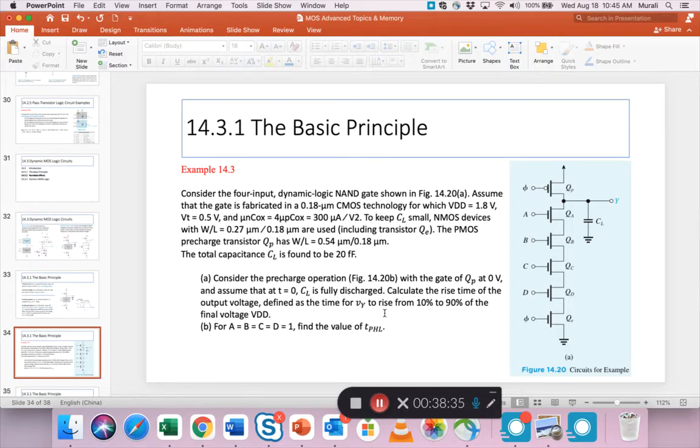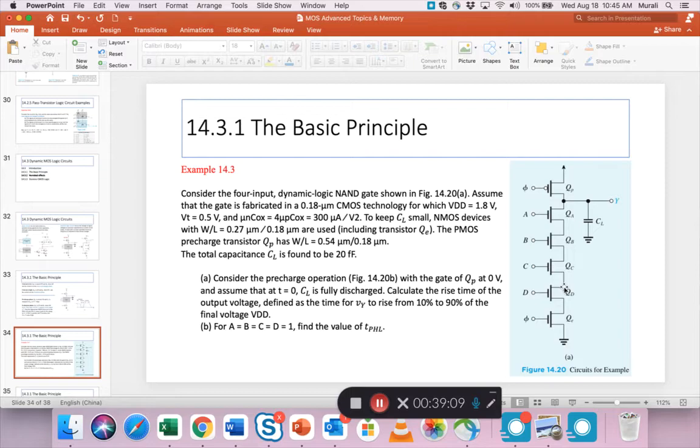That means how much time will it take for the output to go from 10% of the final VDD to 90%. That range of 10 to 90, the time tr for the rise, is what needs to be found. Part B says if A equals B equals C equals D equals 1, that means all these have a high at their input, then what happens?